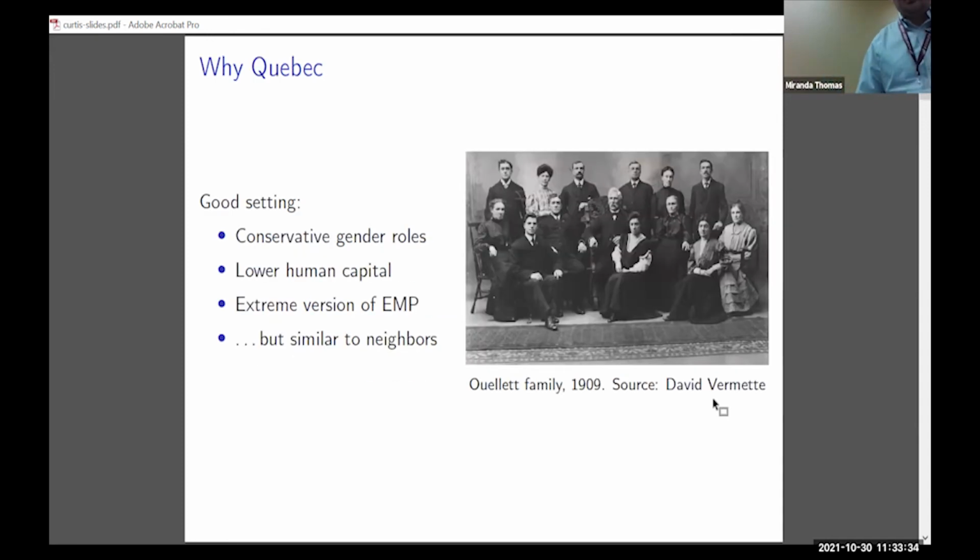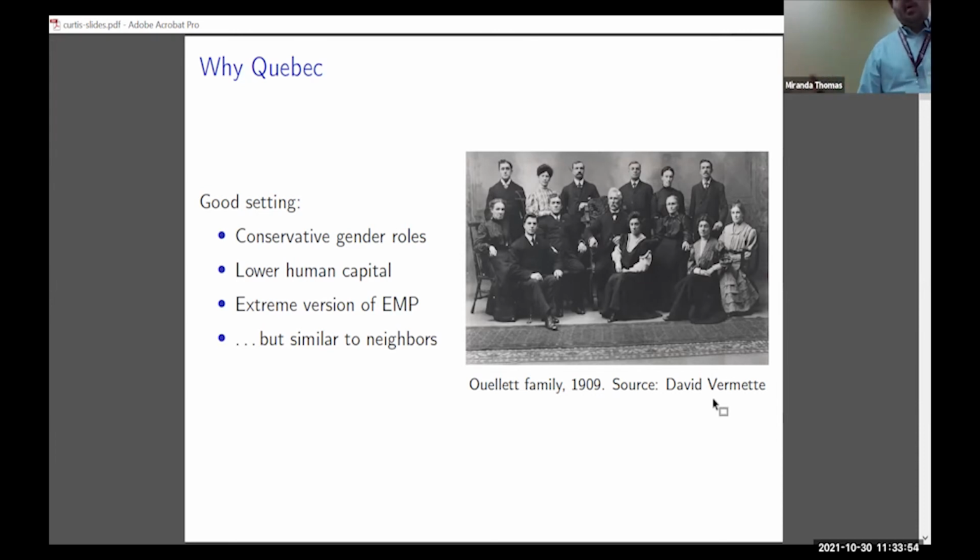I think Quebec is a good setting because especially in the beginning of this time period, it's relatively conservative on gender roles. For example, women can't vote in local elections in 1940. It has relatively low human capital at the beginning of the period. And it has a rather extreme version of the European marriage pattern. There are very large families.